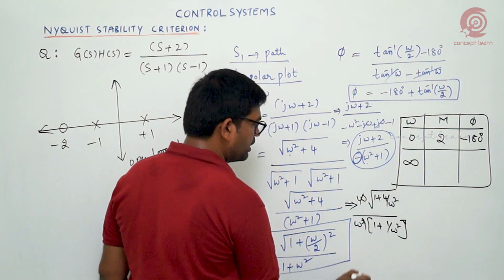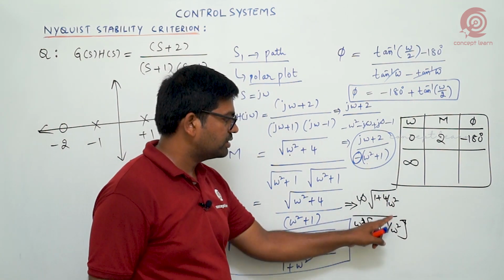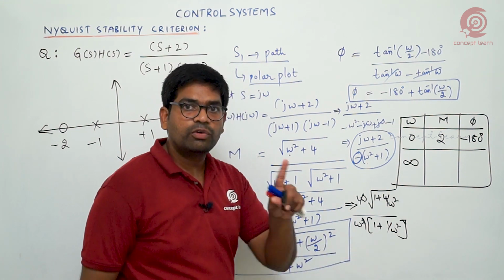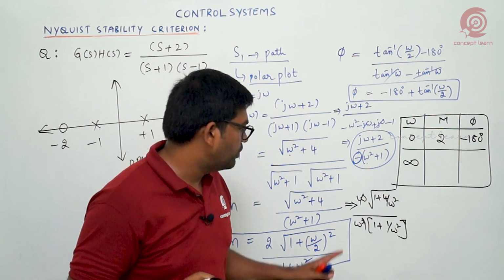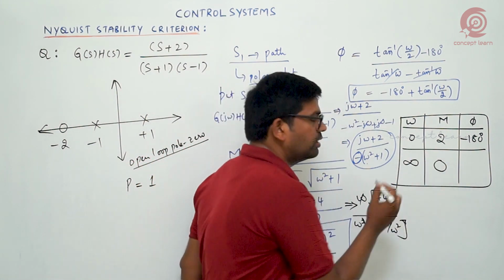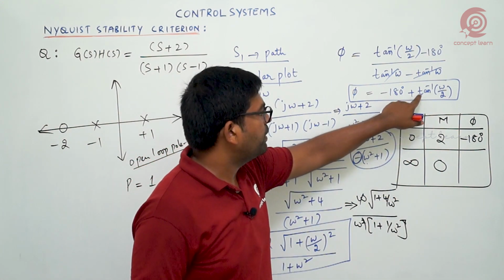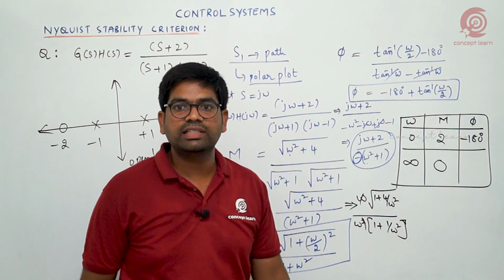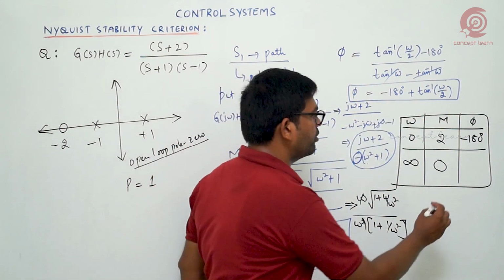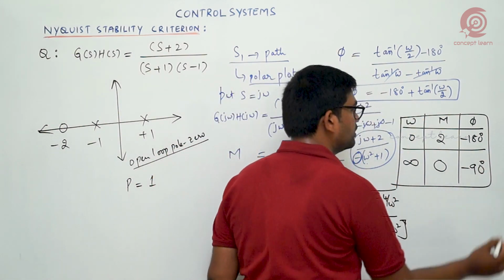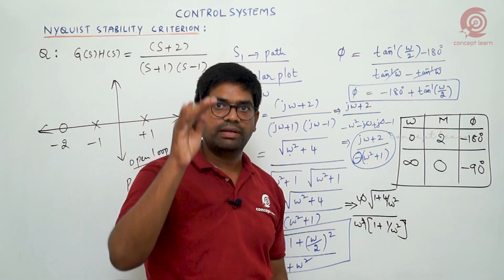Only one omega will get cancelled. Omega tends to infinity means something by infinity, this portion is 0, here also 0, but still one omega is present in the denominator. If you substitute omega to infinity, 1 by infinity means the magnitude becomes 0. And next, to find the phase angle, minus 180 plus tan inverse infinity. Tan inverse infinity is nothing but plus 90. Minus 180 plus 90 means the result will be minus 90 degrees. Now with these points we can draw that S1 path.